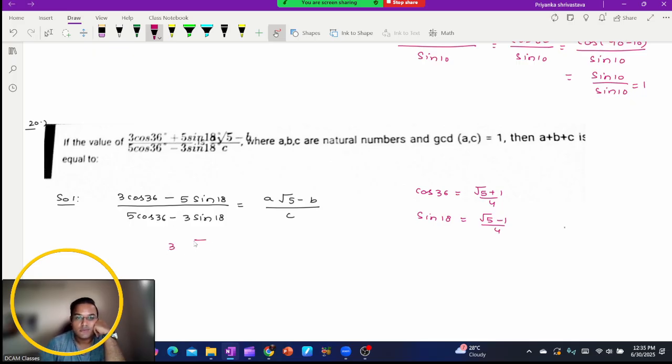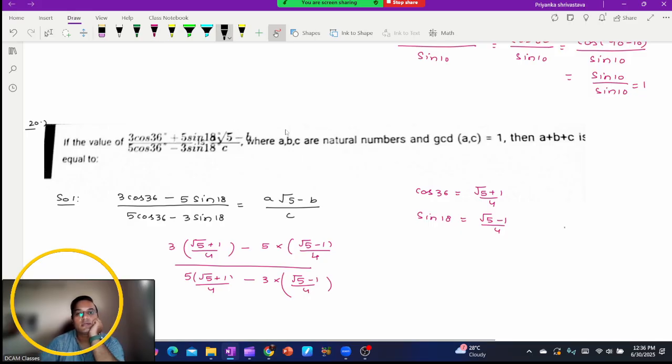So 3 into root 5 plus 1 by 4 minus 5 into root 5 minus 1 by 4, by 5 into root 5 plus 1 by 4 minus 3 into root 5 minus 1 by 4, will become 3 root 5 plus 3 minus 5 root 5 plus 5 by 5 root 5 plus 5 minus 3 root 5 plus 3.